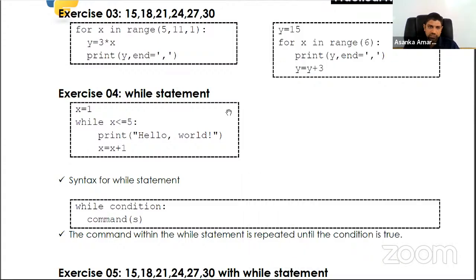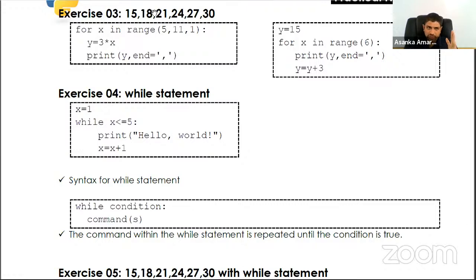So this is another approach to generate the same number sequence. The 18 is 3 plus 15, then 18 plus 3 is 21.